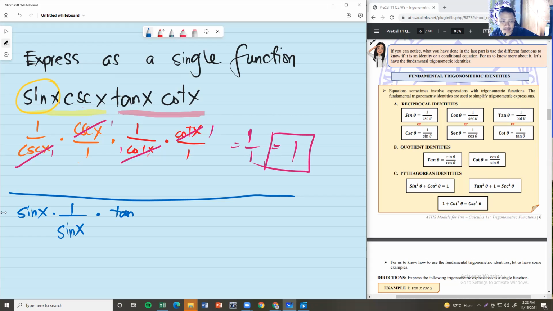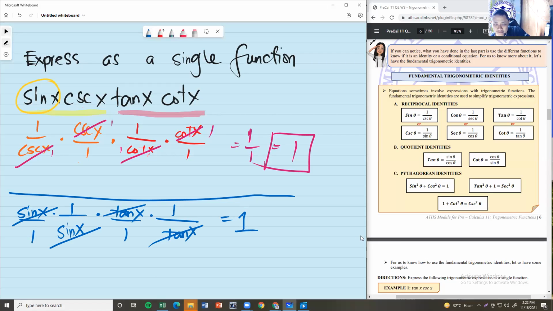Gusto ko tangent x times si cotangent, I can change it to 1 over tangent x. So over 1 over 1, that's equal to 1. Can you follow? So kahit alin pang gawin nyo dyan, alin yung gusto nyong i-cancel, as long as you are following the correct identities, the answer will just be the same.